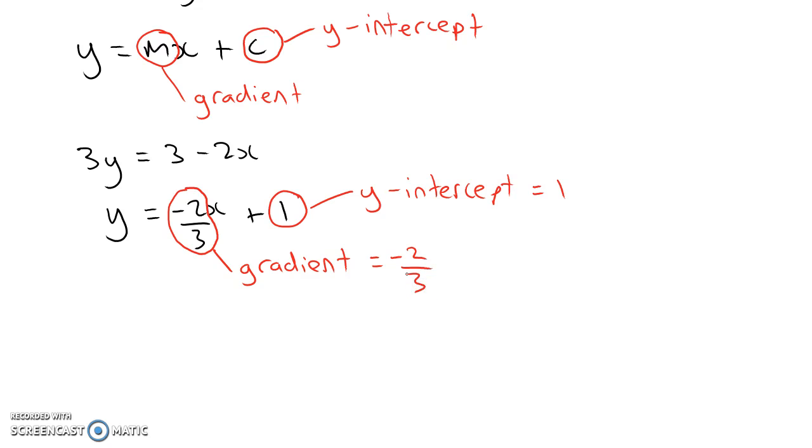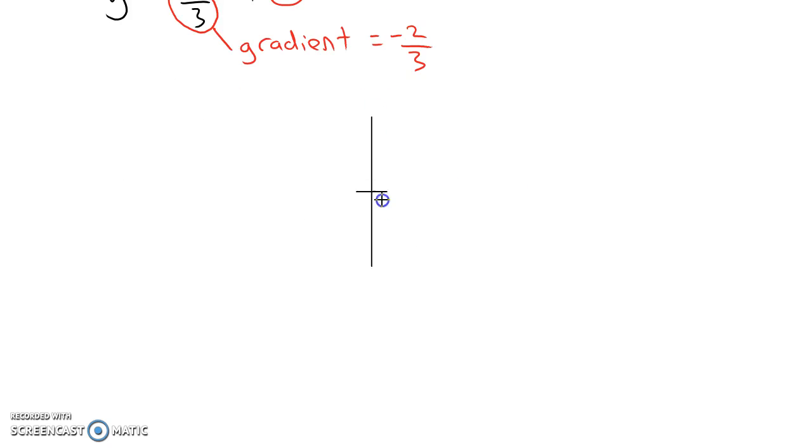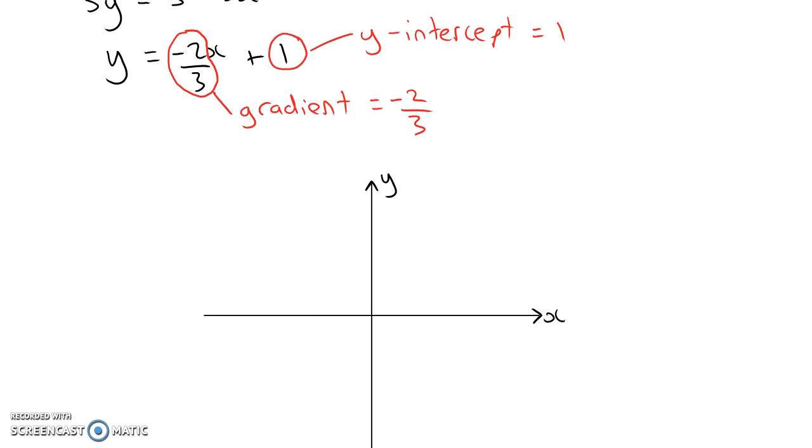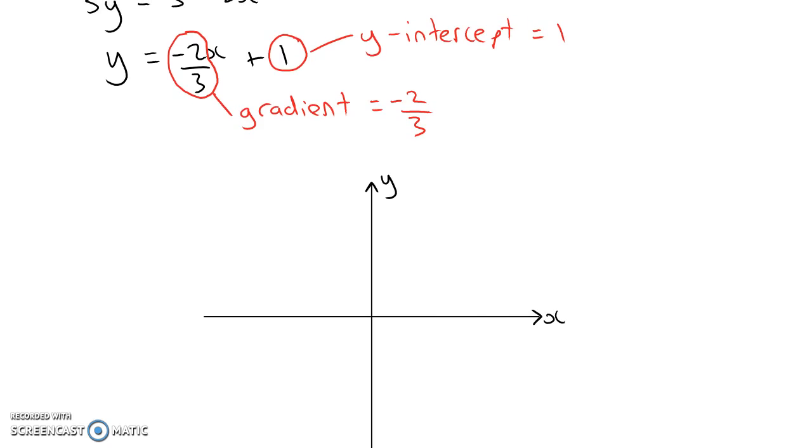And this is enough information to sketch this graph. So let's draw up a Cartesian plane. So we've got our y-axis, our x-axis, and we know that the y-intercept is 1. So let's make a little marking here of 1.